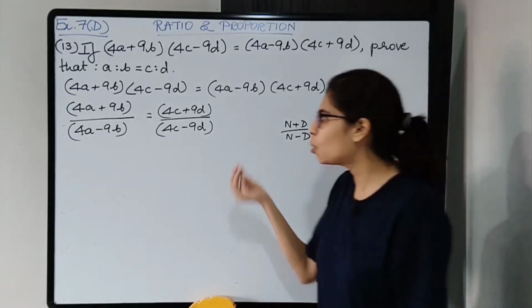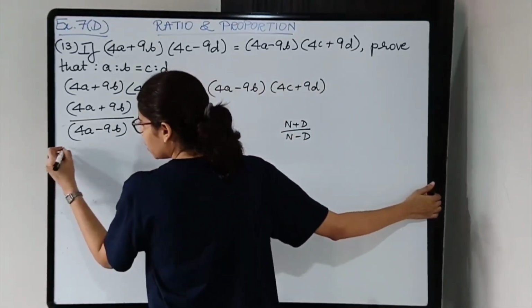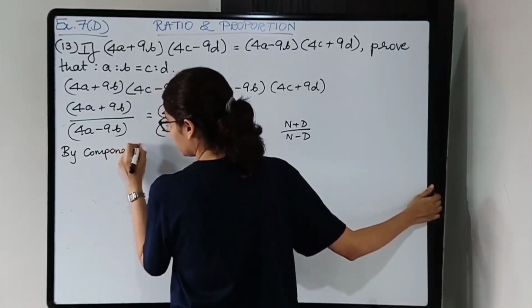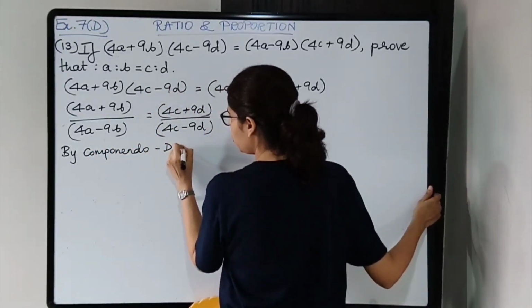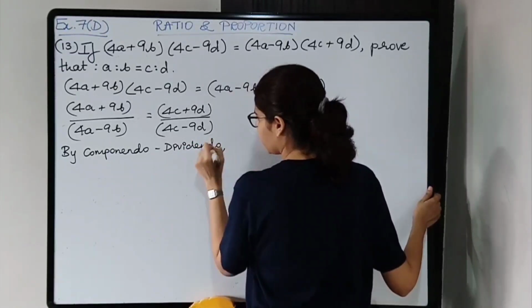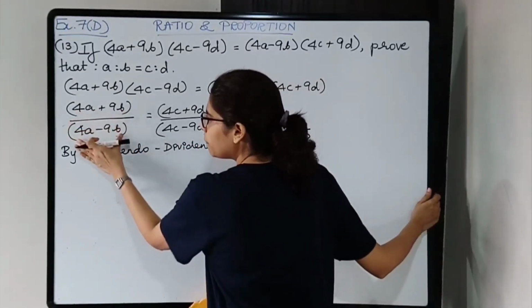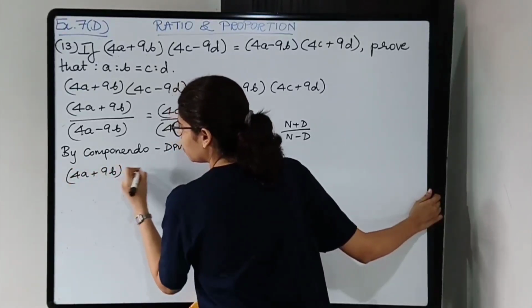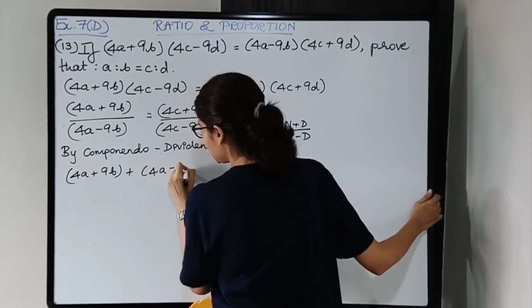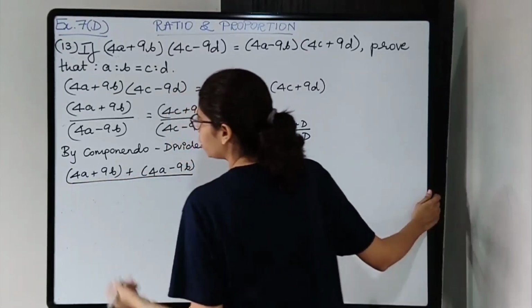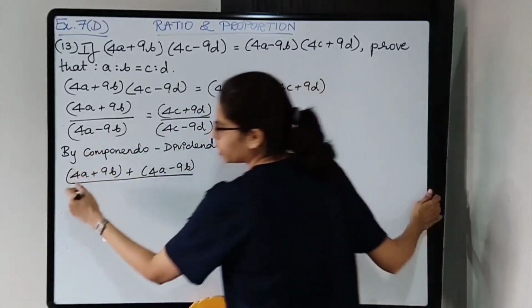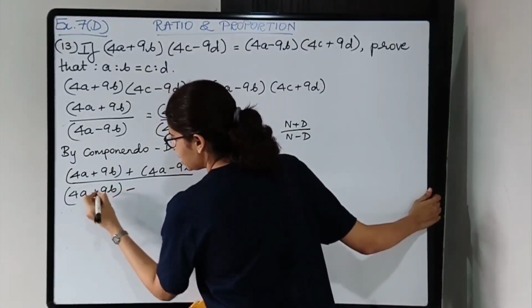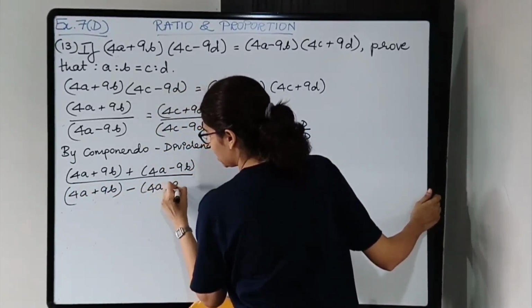So applying componendo dividendo, numerator plus denominator, so 4a plus 9b plus 4a minus 9b upon numerator minus denominator, so 4a plus 9b minus 4a minus 9b.